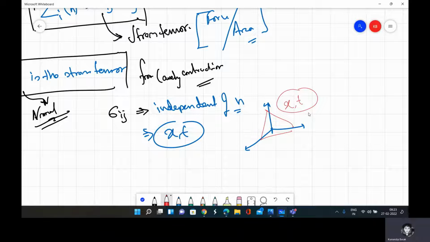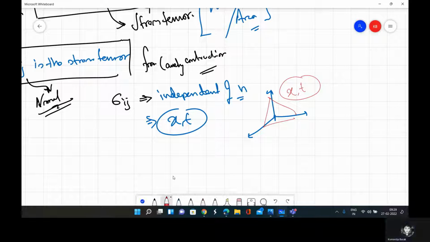The sigma ij will be fixed for that particular x and t. It is a local quantity, not a global one. The stress tensor is local for that particular space and time, and this is the stress tensor sigma ij.